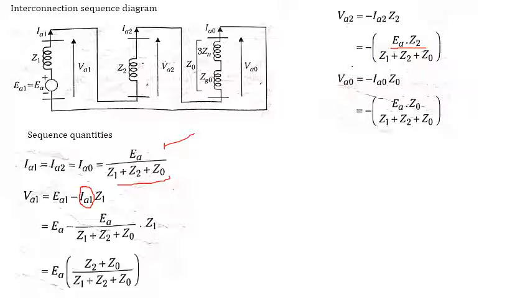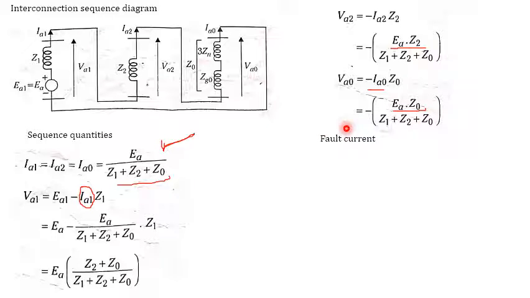Similarly VA0 can be written as minus IA0 Z0. IA0 is the same, EA divided by Z1 plus Z2 plus Z0, so VA0 is EA multiplied by Z0 divided by Z1 plus Z2 plus Z0. So these are in terms of the symmetrical quantities.